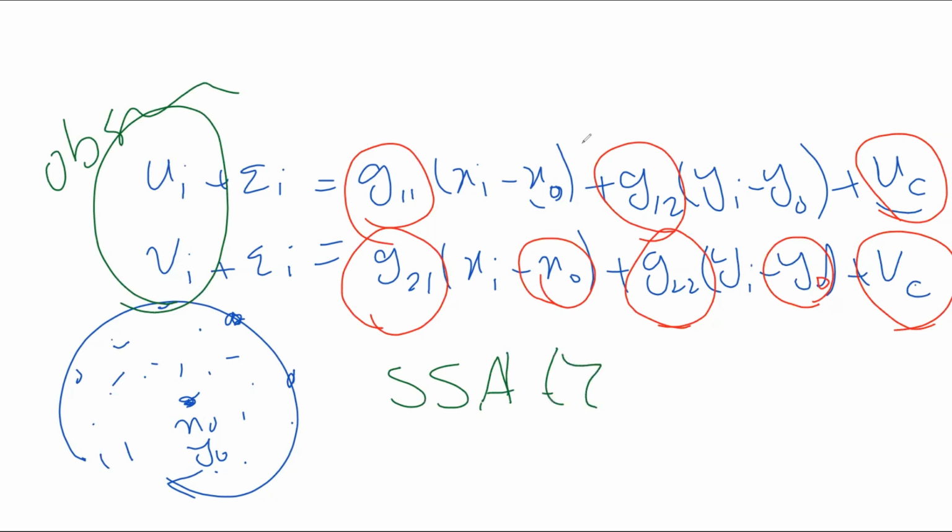When you compute these things, you can put them here, and you can perform a least squares estimation. It's a nonlinear equation, but you can linearize it and solve it suitably. That's well known in geodesy. We know it.